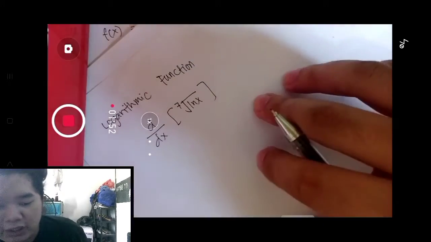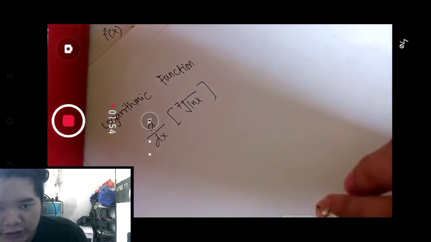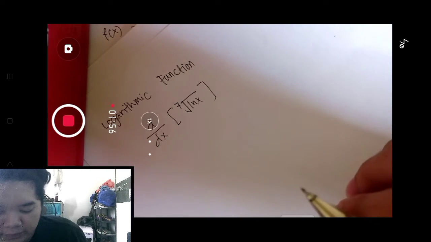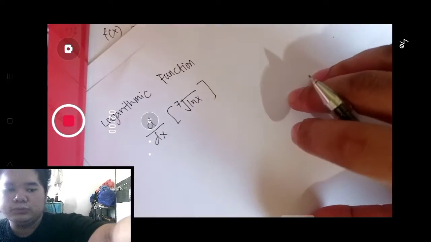Our second problem is a logarithmic function. Our equation is d over dx of the 7th root of ln x.